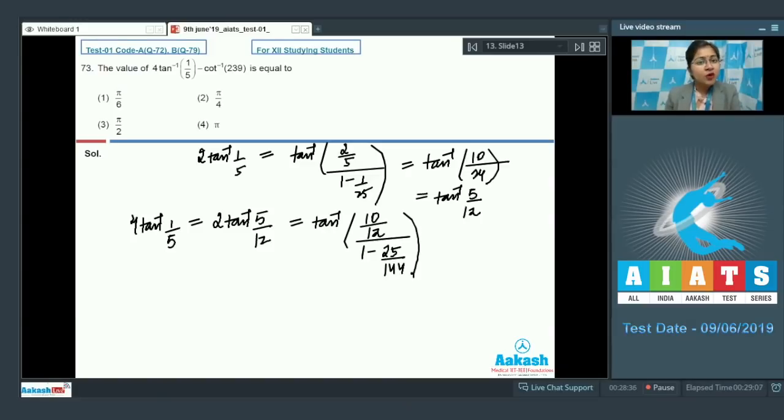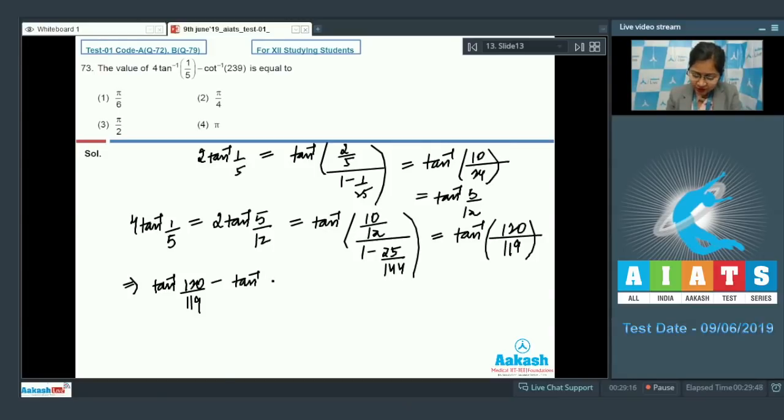Multiplying by 144 in the numerator and denominator, we will get it equal to tan inverse 120 divided by 144 minus 25, that is 119. So we have to find the value of tan inverse 120 upon 119 minus cot inverse 239, that can be written as tan inverse 1 upon 239.